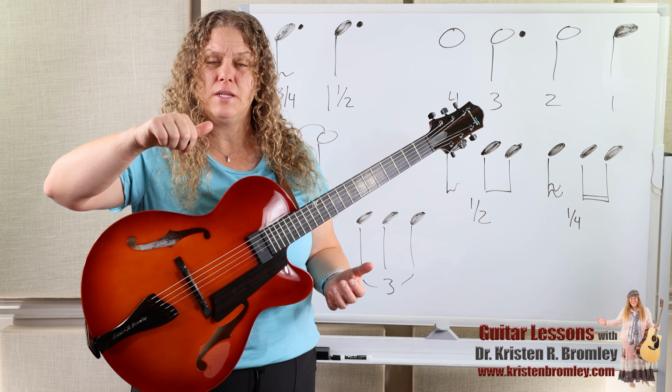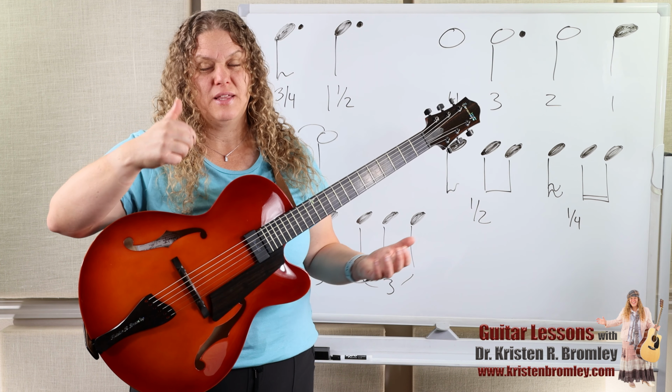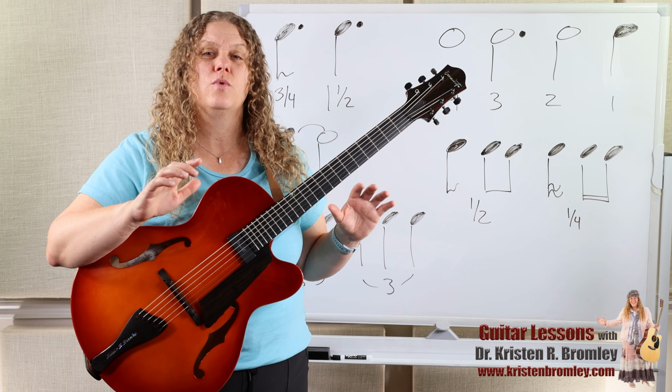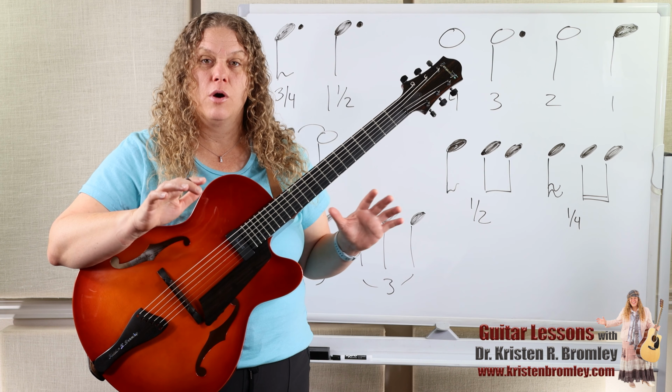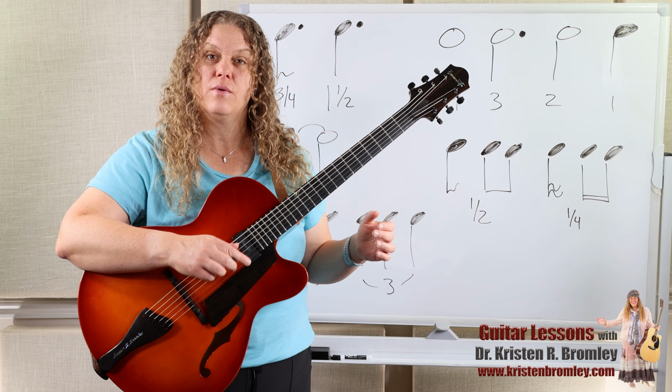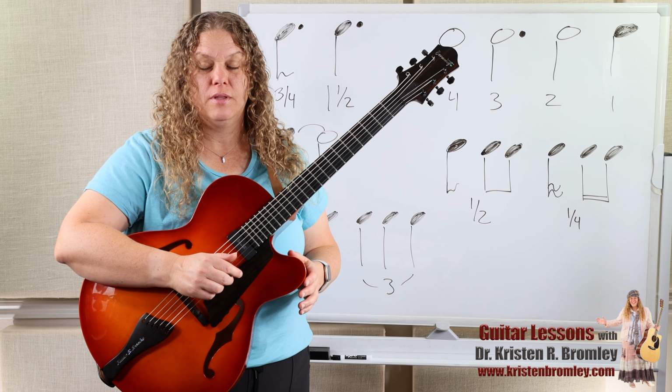You could alternate thumb and index finger if you wanted to, but using the thumb in an alternate plucking situation doesn't work very well for most people. There have been players who've developed a big callus there and can get away with it, but really you want to do down plucks if you're using your thumb.